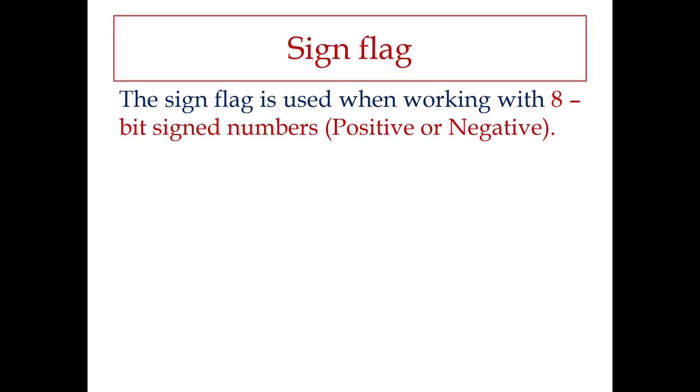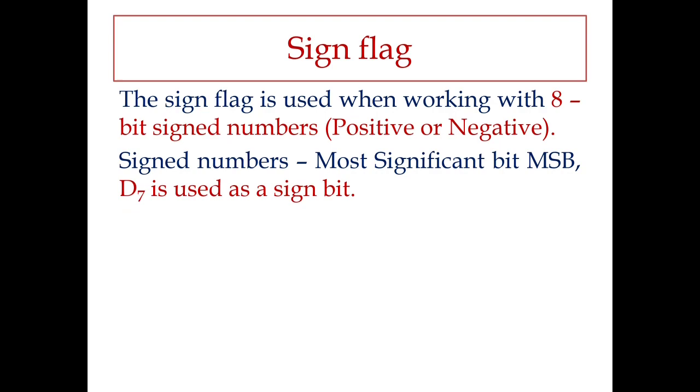The next flag is the sign flag. This sign flag is used when we work with 8-bit signed numbers, that is, either positive or negative numbers. Signed numbers are mostly represented by the most significant bit, MSB. We know the most significant bit is D7. This D7 is used as a sign bit.